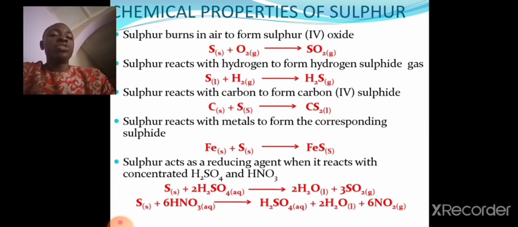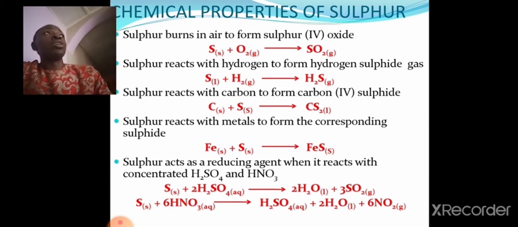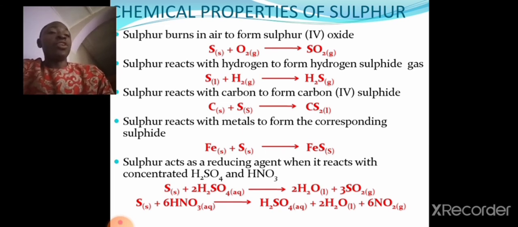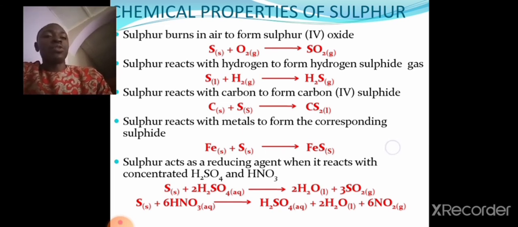And then when it reacts with trioxonitrate 5 acid, tetraoxosulfate 6 acid will be formed, water and then nitrogen 4 oxide will be formed as well. These are the chemical properties of sulfur.